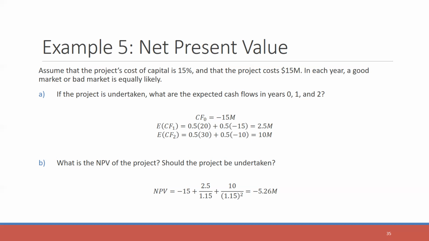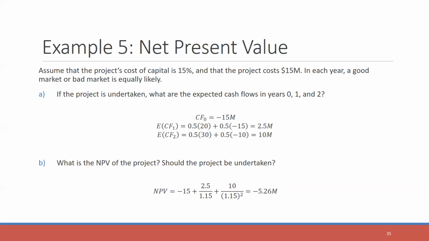In this example, we have 2 states of the world, a good state and a bad state. We also know the probabilities. In this example, the 2 states are equally likely. But in real life, we would have to assign different probabilities across these states. Okay, so they're equally likely, 50-50.